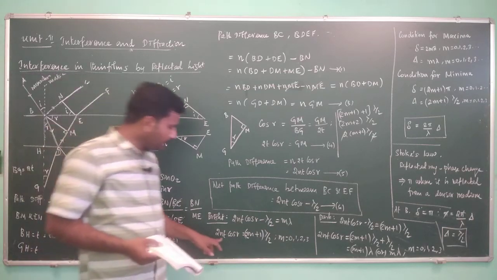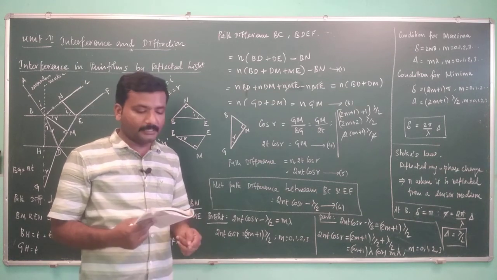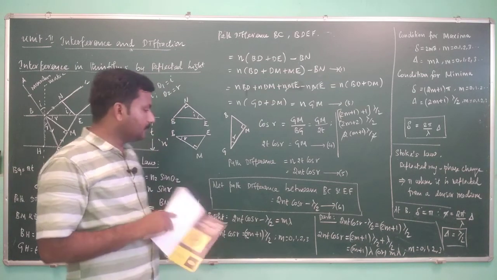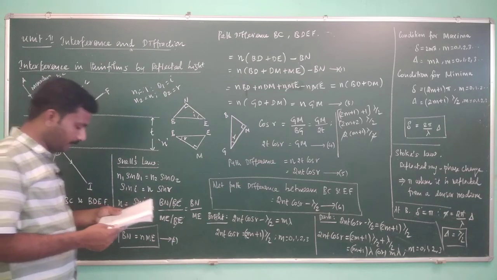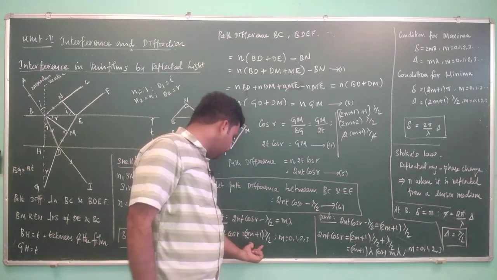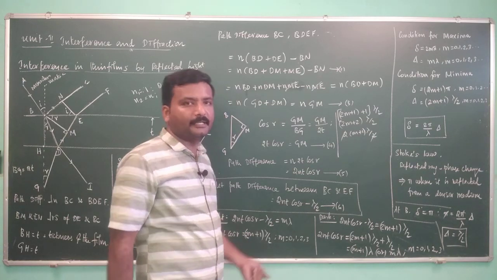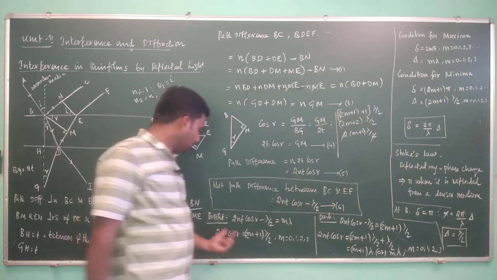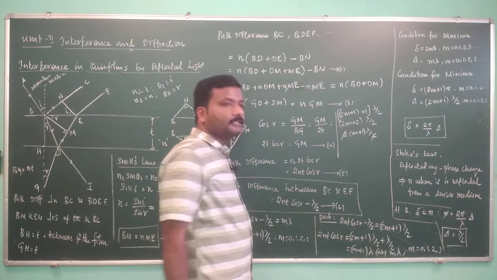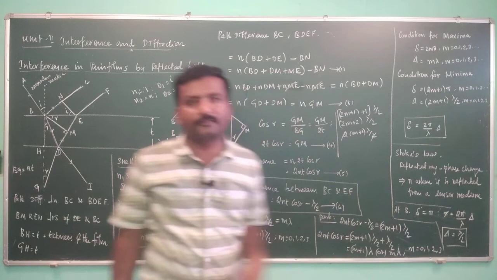The refractive index for different colors will be different, so whenever this equation is satisfied, there the bright colors will appear. If the condition is satisfied for bright, then the bright color will appear. When the condition is satisfied for dark, then that color will be absent.